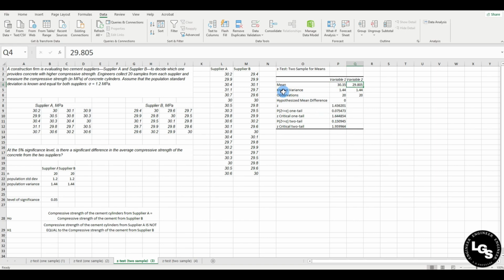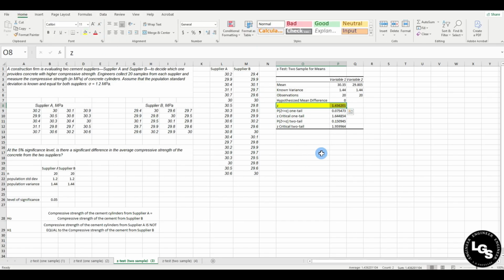They have the same variance, and the observations is the number of samples, which is 20. The hypothesized mean is 0. And for the computed z-stat or z-value, that is 1.4362. So we will choose if this is one tail or two tail.